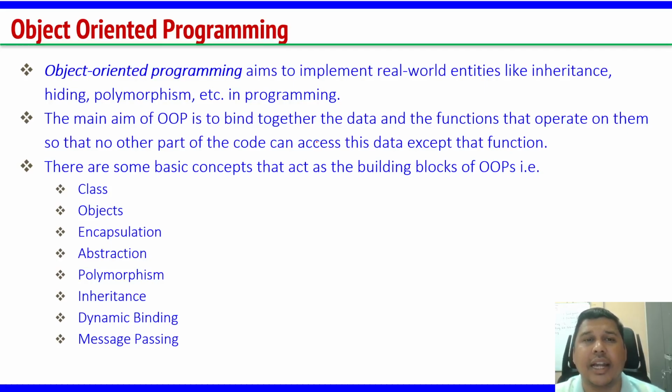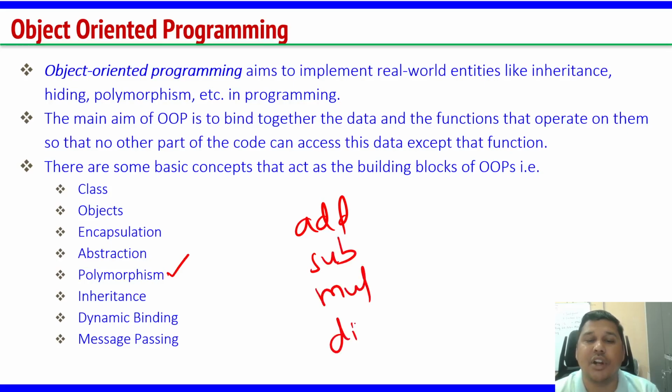Another way, it has a lot of advanced features, a kind of smart programming, like for example, polymorphism. The same function name can be used for multiple uses. Suppose you are writing a program with 4 arithmetic operations: addition, subtraction, multiplication, and division of 2 numbers.